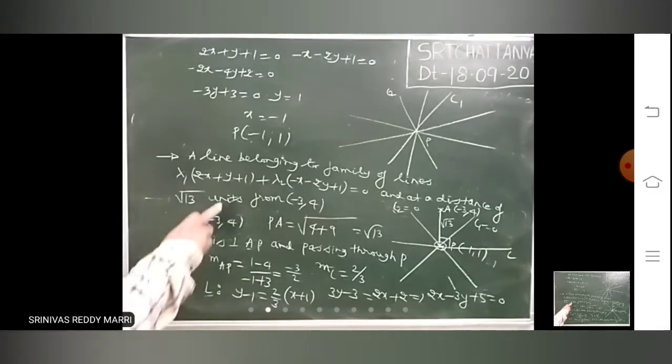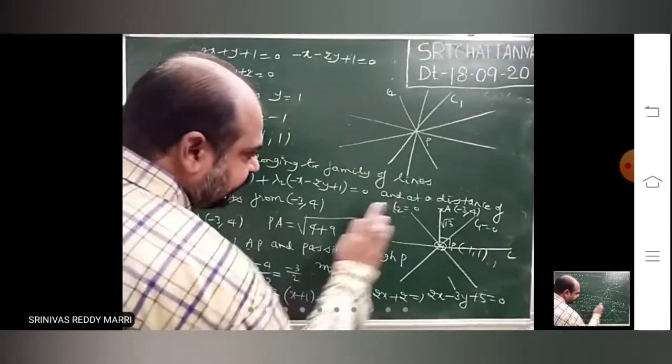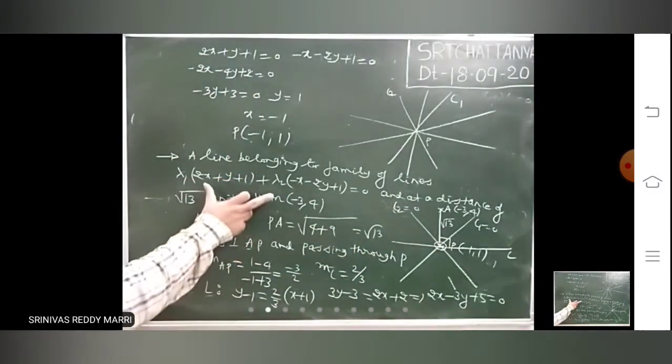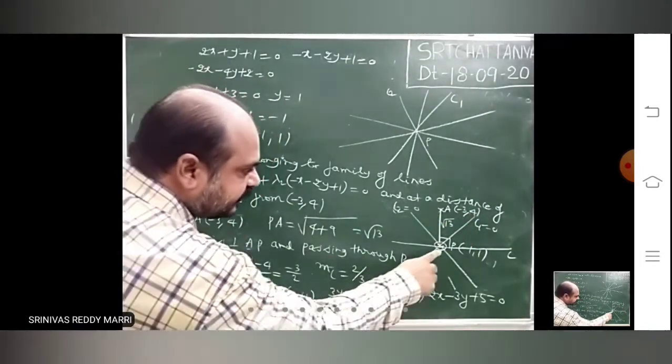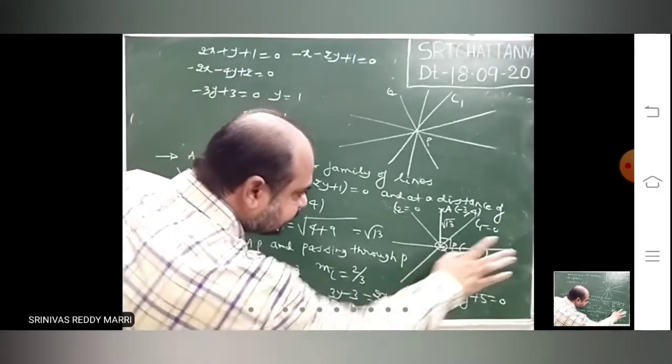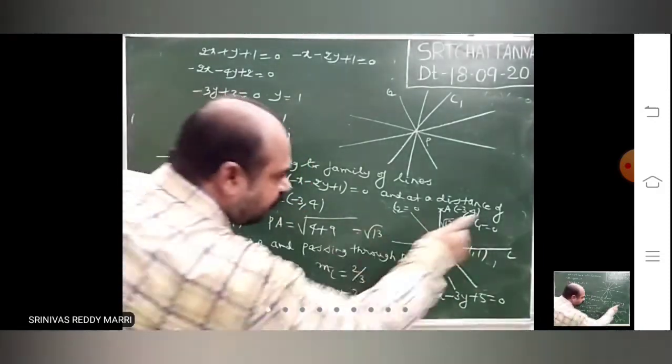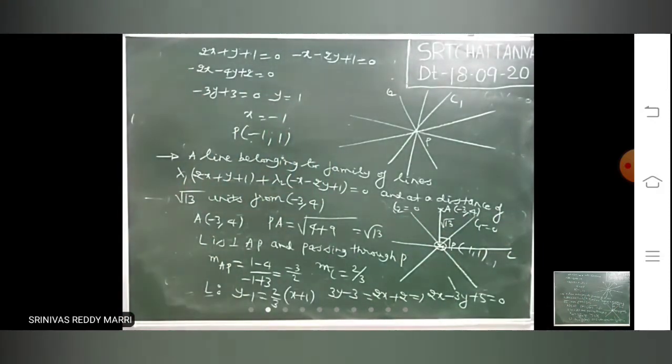First, whenever this is given, finding P is a must, because this represents a family of lines passing through the point of intersection of this and this. First you find the intersection point of these two lines. You draw a line passing through P. That line you want to find out.